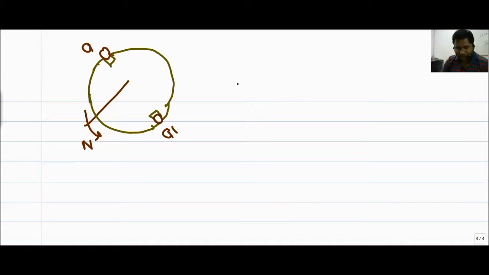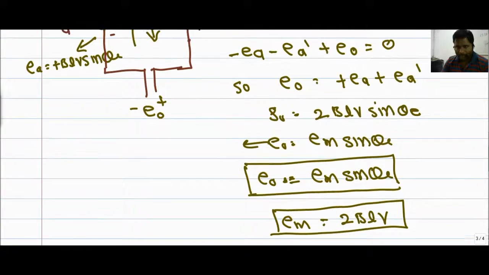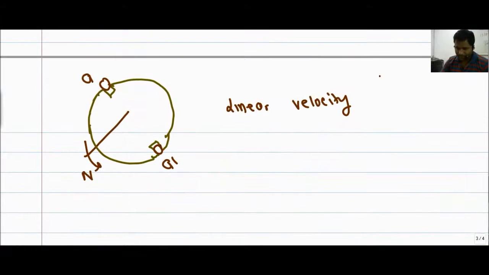So there is a formula for linear velocity. It equals radius into angular speed.